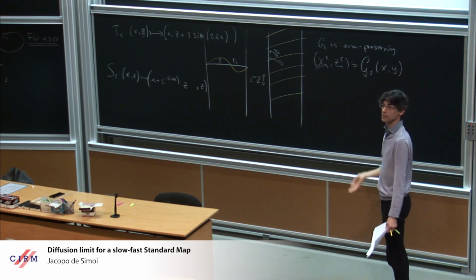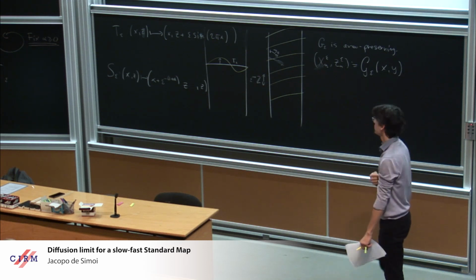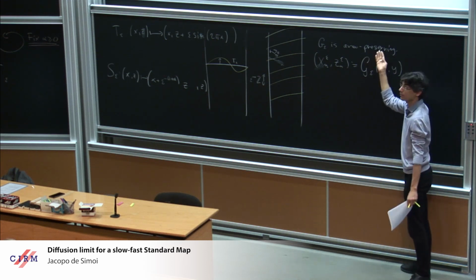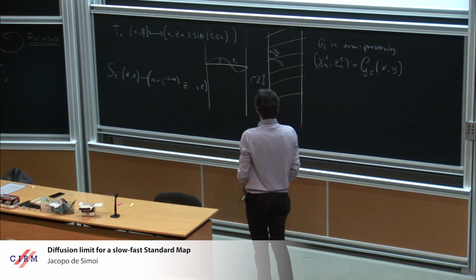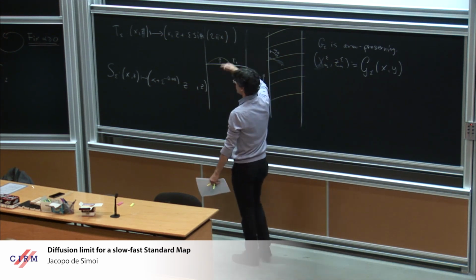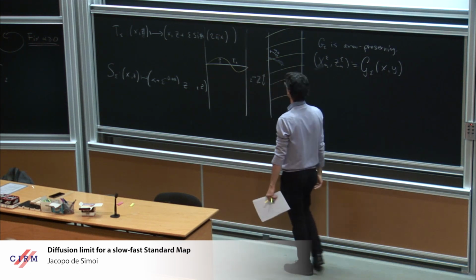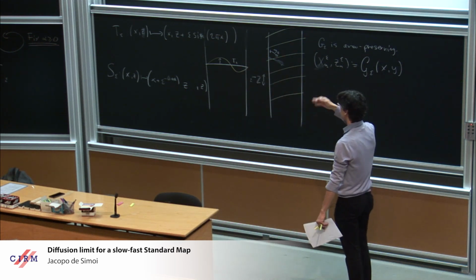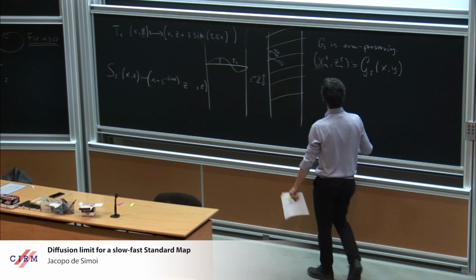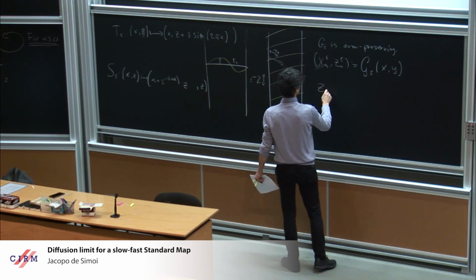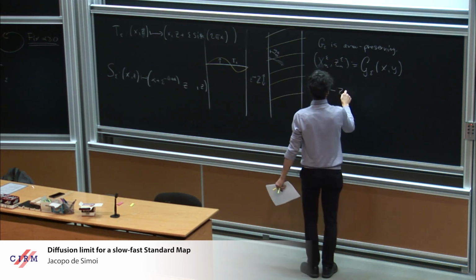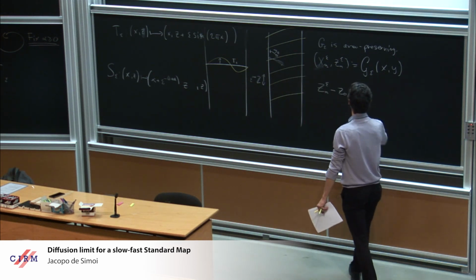And if I assume x and z to be uniformly distributed with respect to Lebesgue, for instance, because I have an area-preserving transformation, then I want to understand the limit for large n in some scaling of the behavior of the slow variable. So I want to understand essentially what happens to Z n epsilon. Well, of course, I need to remove the initial point.